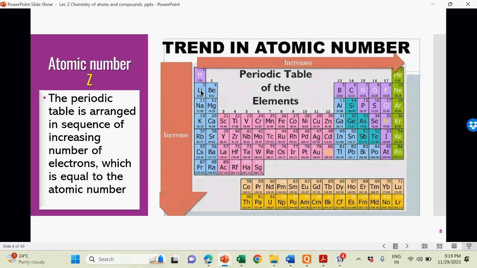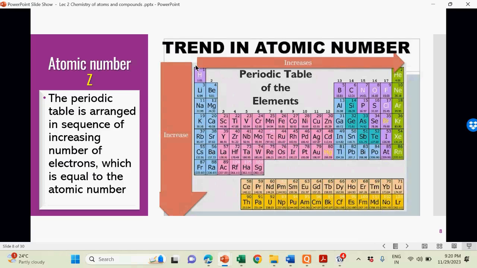All these are with increasing atomic number: lithium is 3, beryllium 4, boron 5, carbon 6, nitrogen 7, oxygen 8, fluorine 9, and neon 10. That is the atomic number, or the number of protons. And as we mentioned, the number of protons is equivalent to the number of electrons in the outer energy shell for the neutral or normal atom.